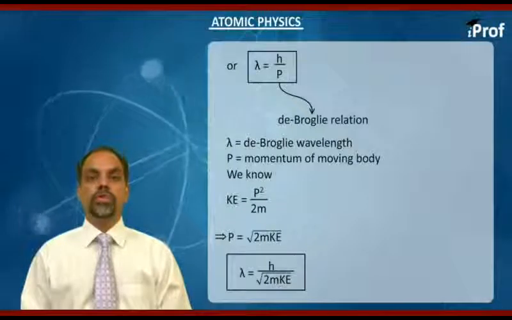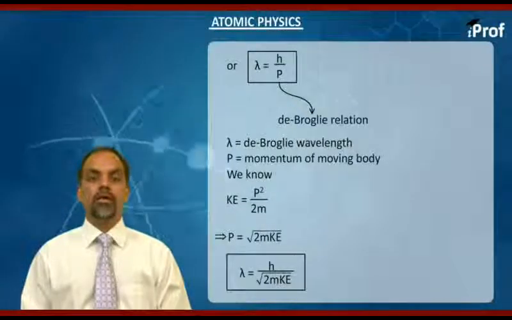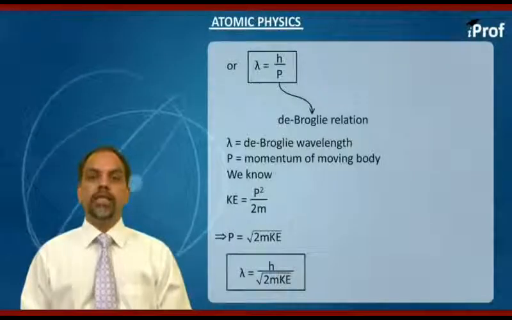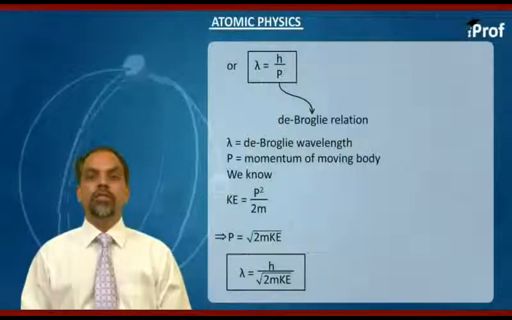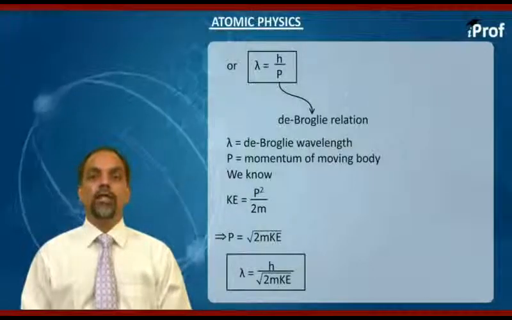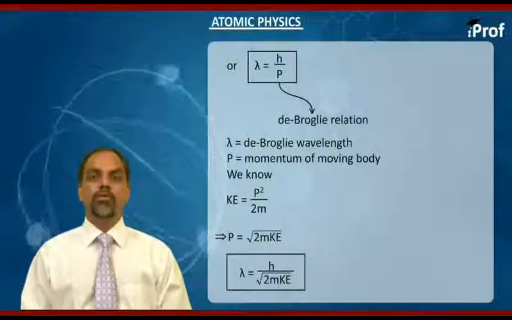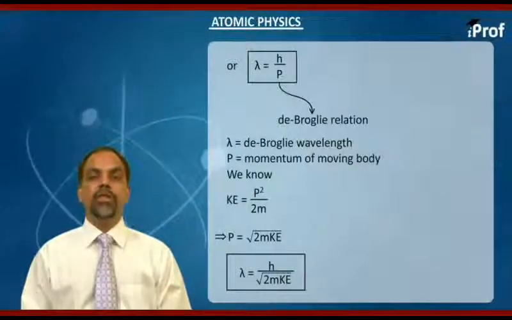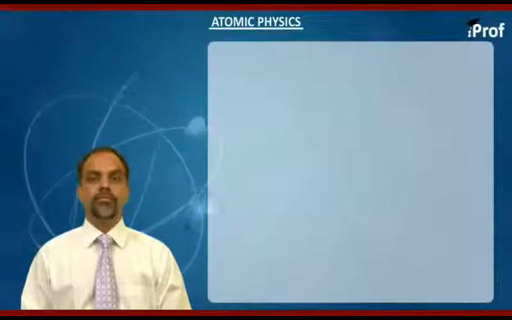When these two equations are solved, we get the de Broglie relationship. And what he said is that although this relation is for photon, this relation must be valid for material particles also. So he proposed the relation as it is without any modification.